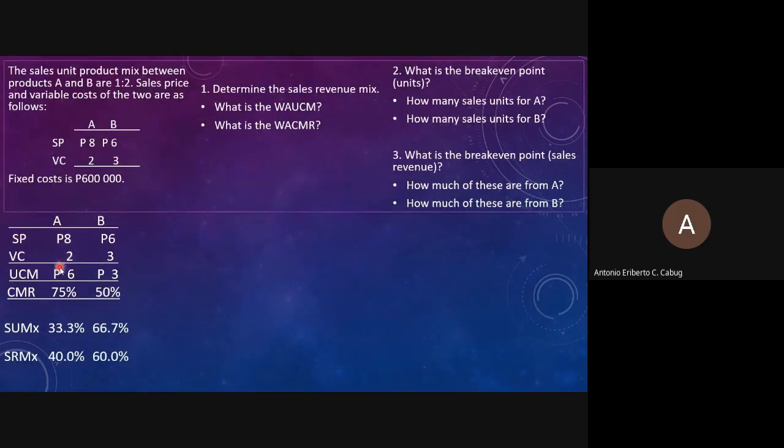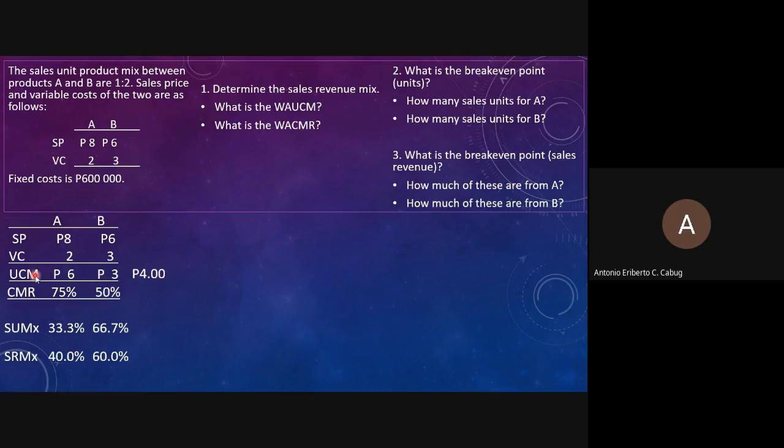Sales unit product mix, 33.333% is to 66.666%. So you would have the following. 6 times 0.33333, that's 2. 3 times 0.66666, that's also 2. 2 plus 2, 4 pesos.